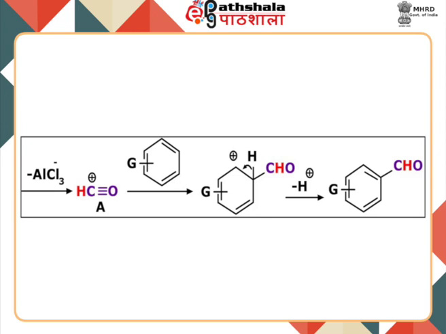As you can see here, HCl combines with carbon monoxide to give HCOCl, and in the presence of AlCl3, the AlCl3 takes the Cl minus out and HCO plus is formed. This acts as the electrophile and attacks the activated benzene, and followed by deprotonation, the formylated product is formed.